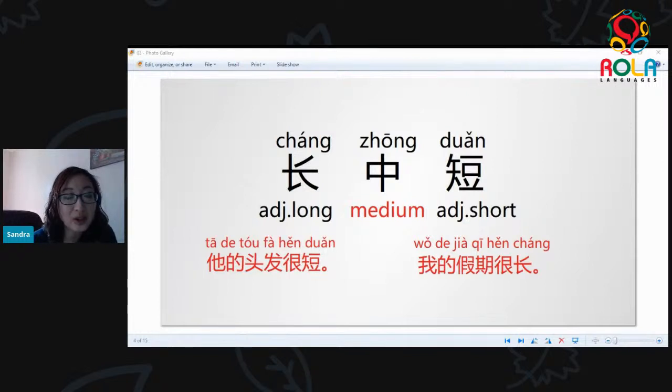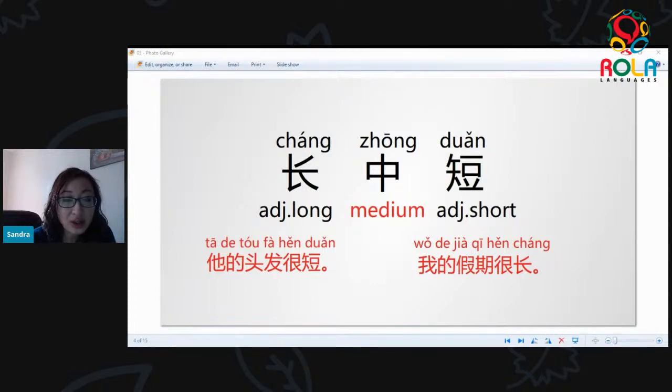First one, 她的头发很短。Next up, we have 我的假期很长。假期, I believe we've learned it before, but if you didn't catch my previous mini lessons, it's fine, we're going to redo it.